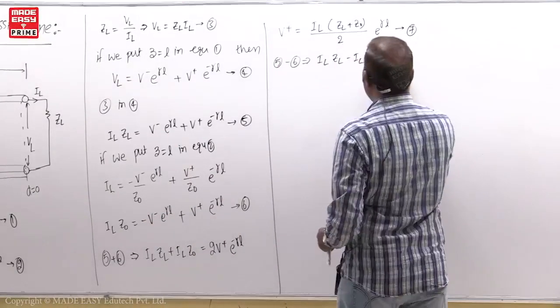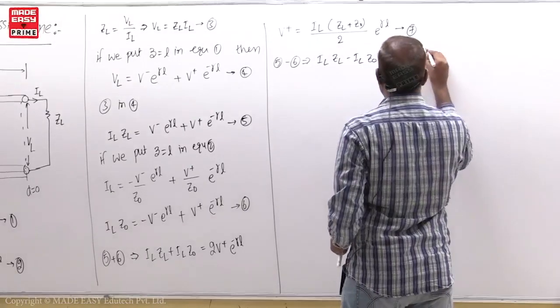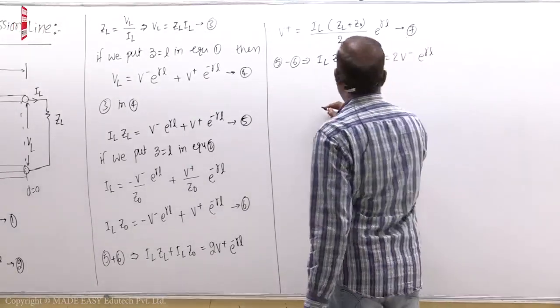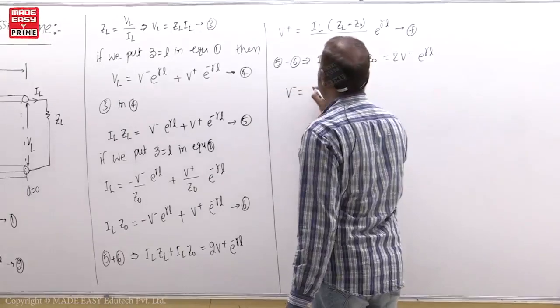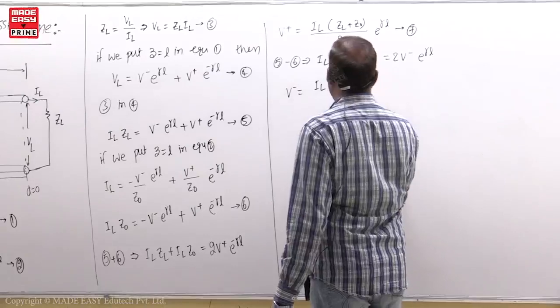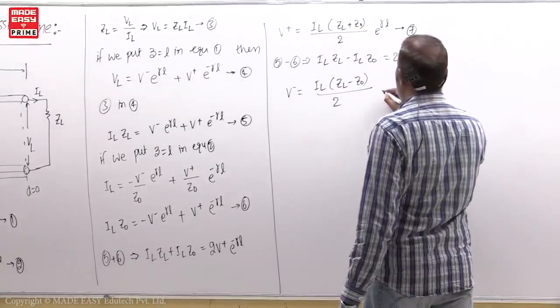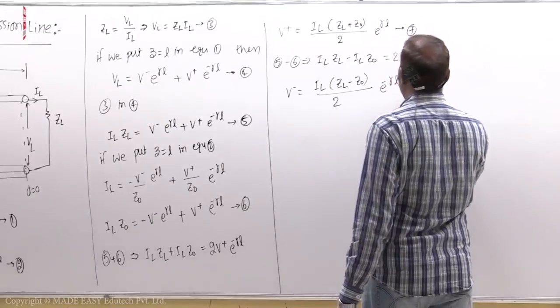So ultimately you get 2 V minus e^(gamma L). So V minus is equal to I_L common, Z_L minus Z0, divided by 2, next e^(minus gamma L).